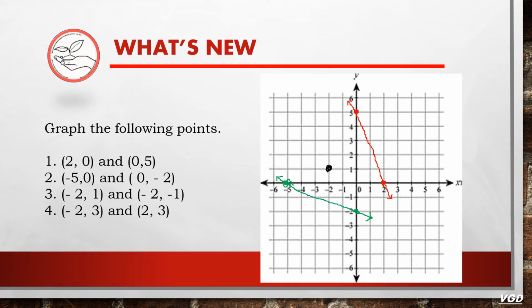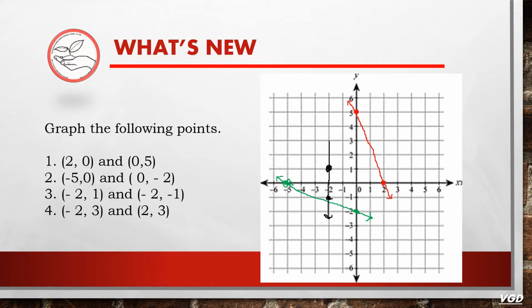Since negative 2 is negative, it's still going to the left. And then since 1 is negative, we're going down. So here's the second point. After that, we're going to connect the 2 points, and as you can see, we will be able to have a straight line.